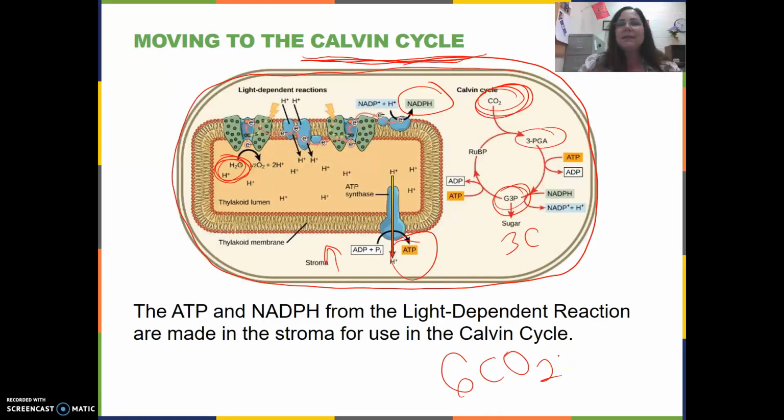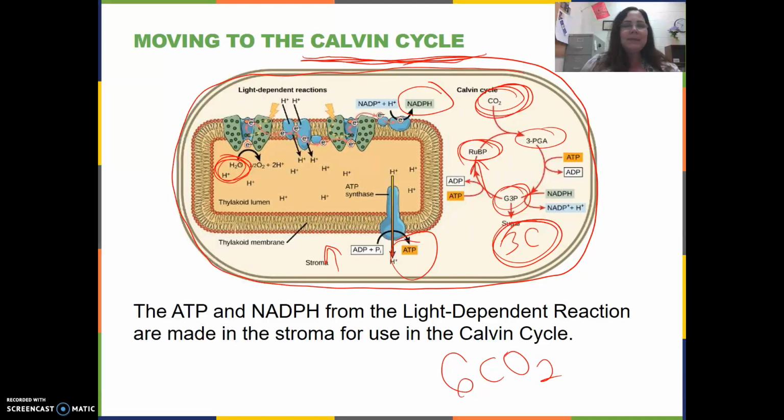So you have to have 6 turns of the Calvin cycle before any of this G3P 3-carbon molecule can be used for actual food, because the first 5 are used to regenerate a 5-carbon molecule called RUBP.